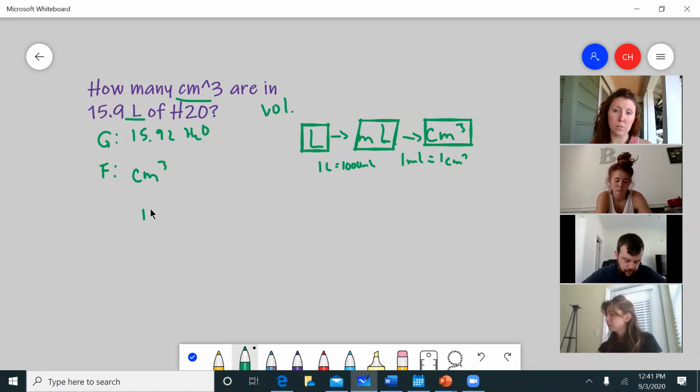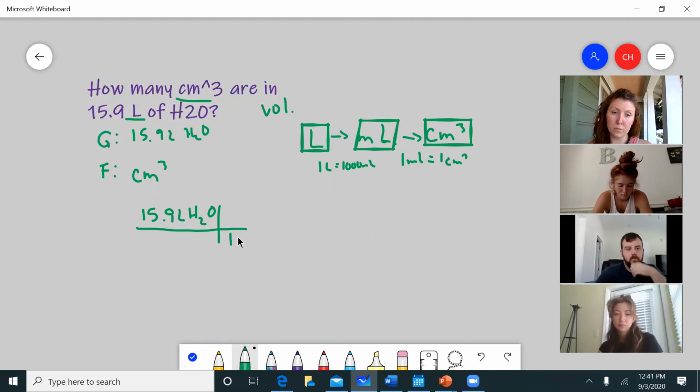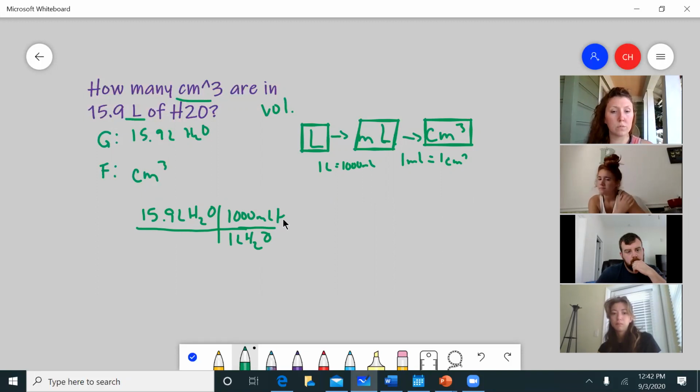So I start with my given, 15.9 liters of H2O. I'm going to convert this into milliliters. For every 1 liter of H2O, which I put on the bottom so that it cancels, I end up with 1,000 milliliters of H2O.